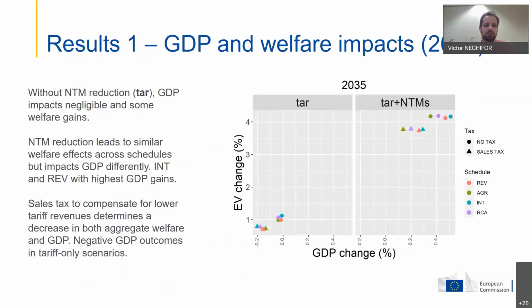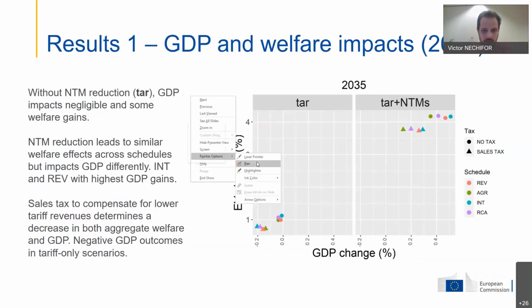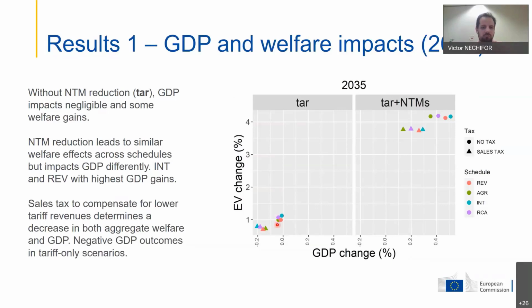Moving on to the results, here you have some plot points with the effects over GDP and aggregate welfare by 2035. We see that without the NTM reduction, the GDP impacts are quite negligible, but then we have a 1% increase in aggregate welfare.